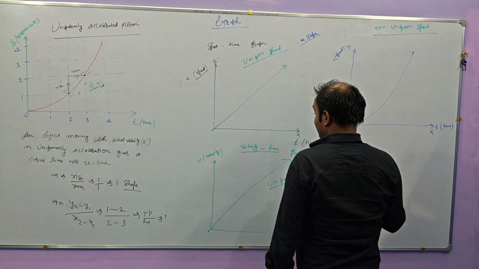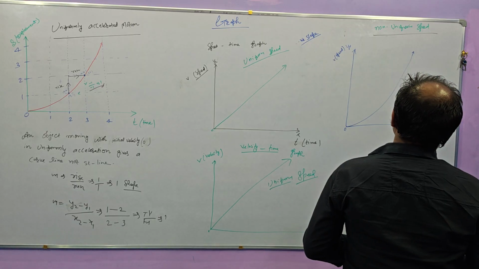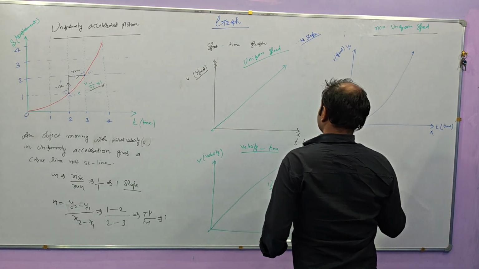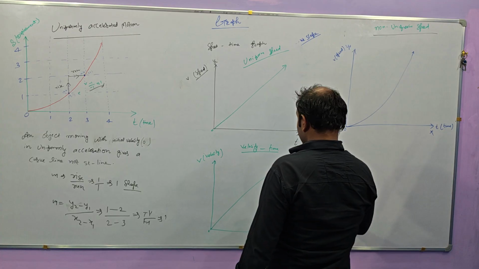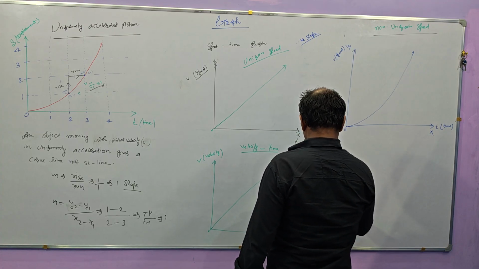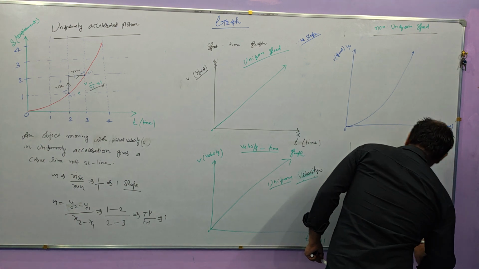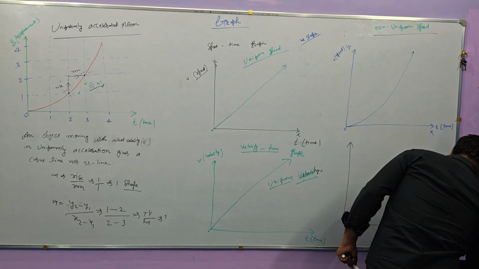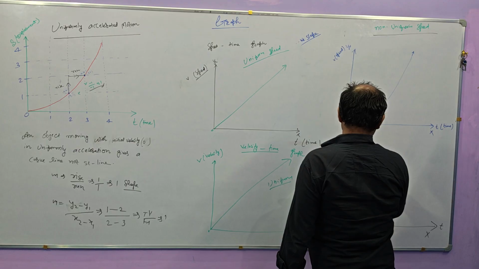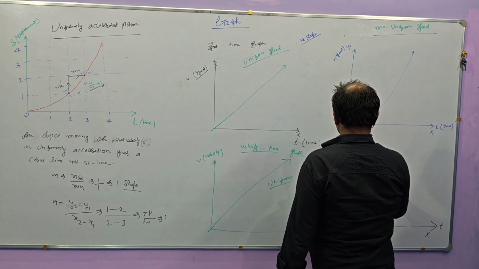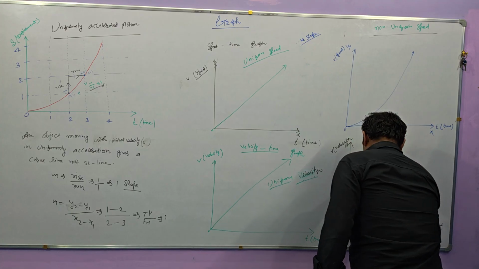And when we talk about non-uniform velocity, not speed, it's velocity. We have the x-axis as time t and the y-axis as velocity v, and we have a starting point at 0.